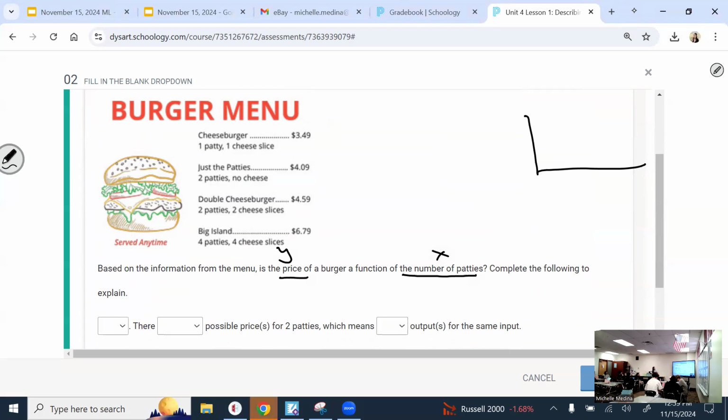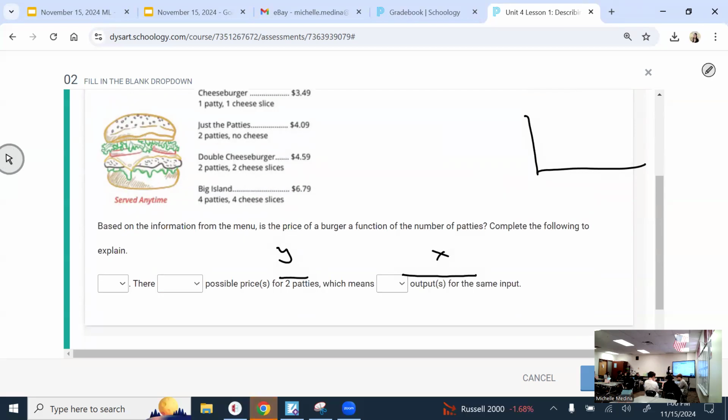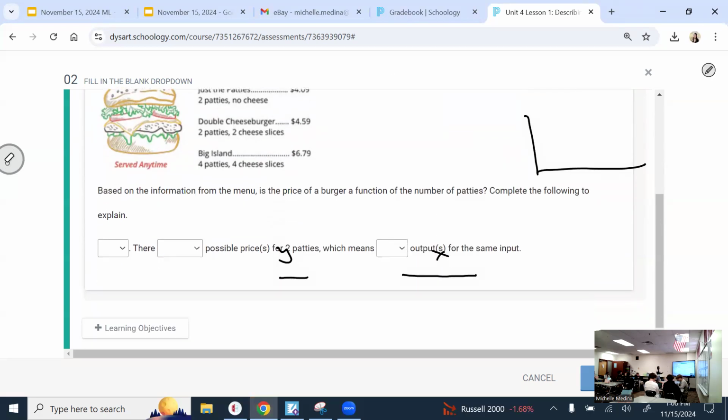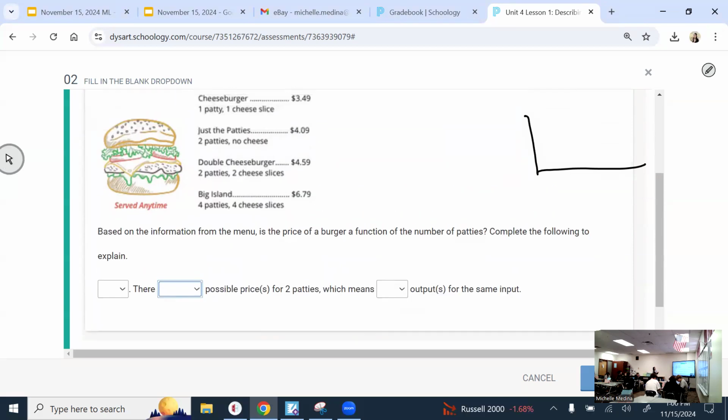Okay. Lots of people shaking their head no. Let's see what this says. So probably yes or no. There are blank possible prices for 2 patties. There are 2 different prices.